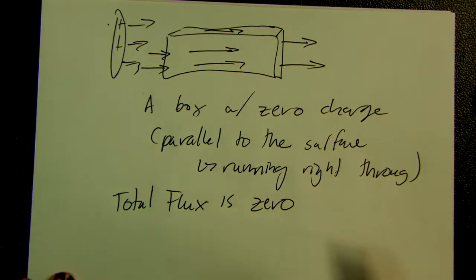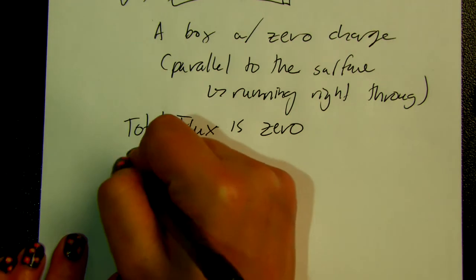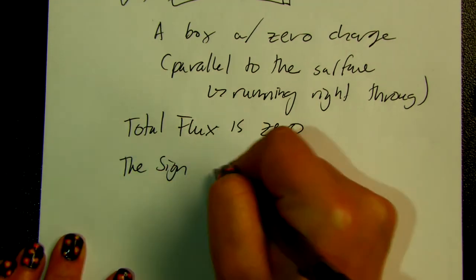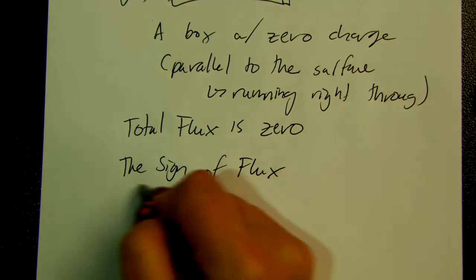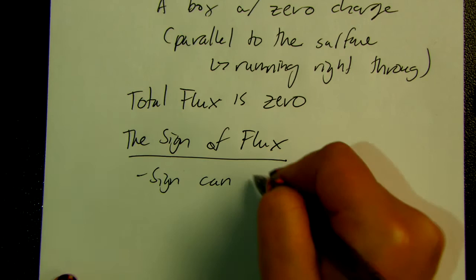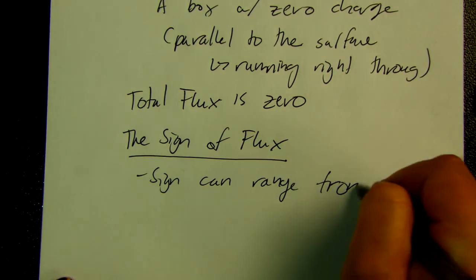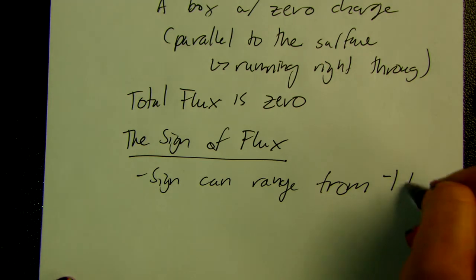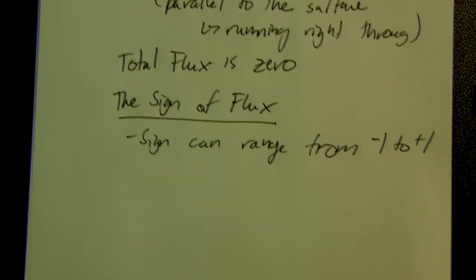All right, so we know flux can be positive, negative, or 0. Let's flesh the sign out in a little bit more detail. So the sign of flux. The sign can range from -1 to +1, and it can also be 0.